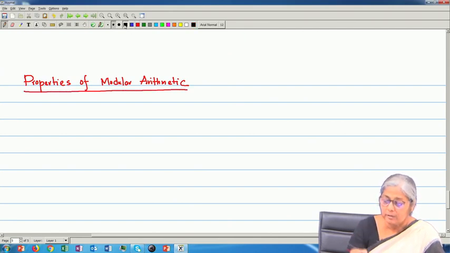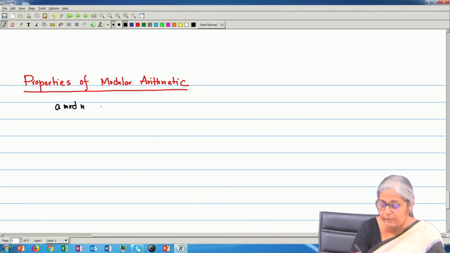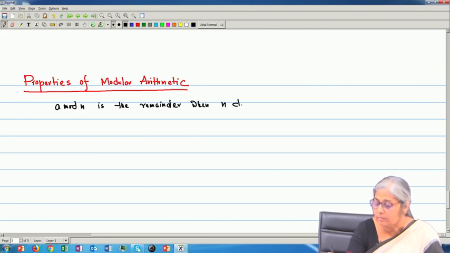Now, a modulo n, we write a mod n. A mod n is the remainder when n divides a.